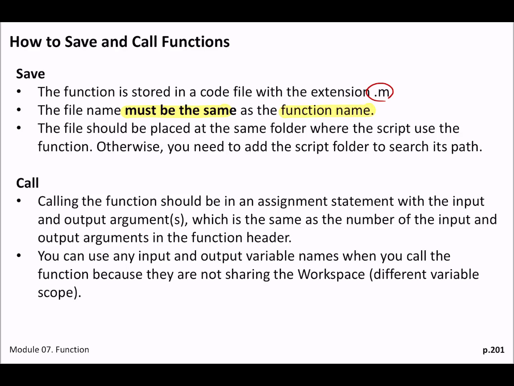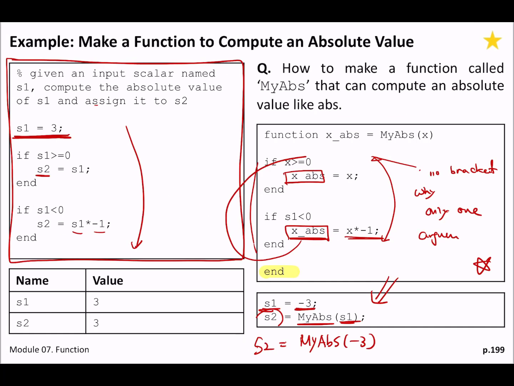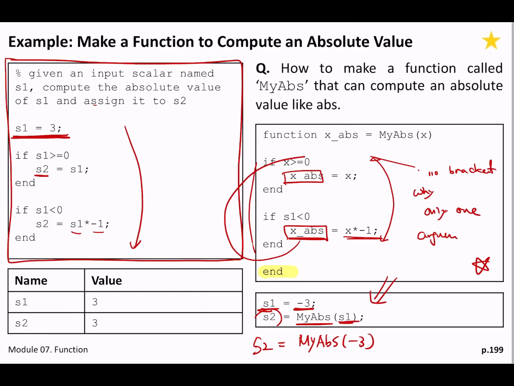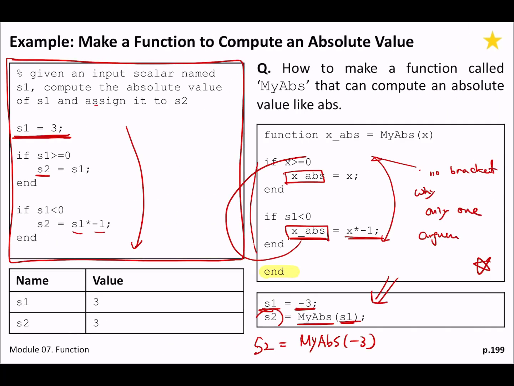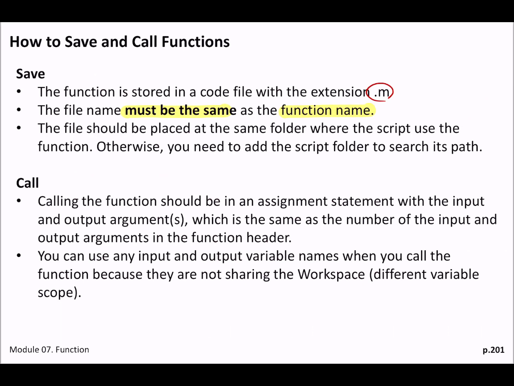For instance, here, we copy this code to your script window, and then store it as myabs.m. Make sense? It must be the same as the function name.